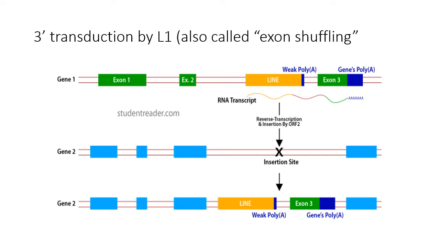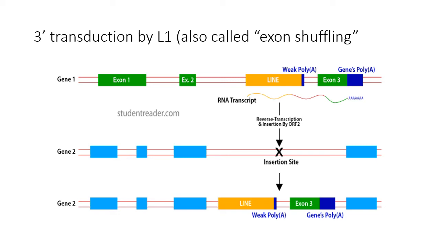But then instead of stopping or polyadenylating at the L1 poly-A site, the RNA transcript extends through the intron into the next exon. So this exon part is now part of the RNA transcript and will be carried with it to a new genome location.